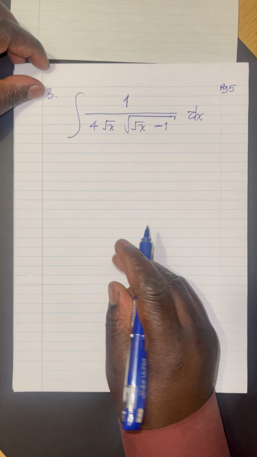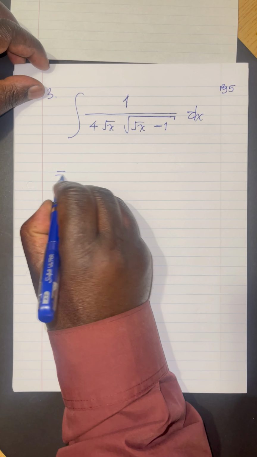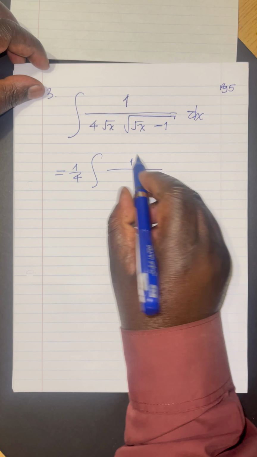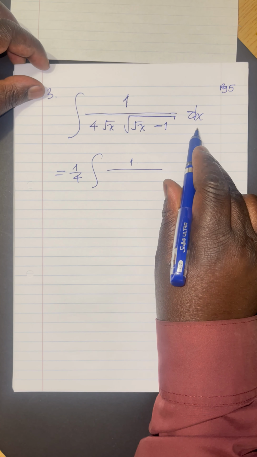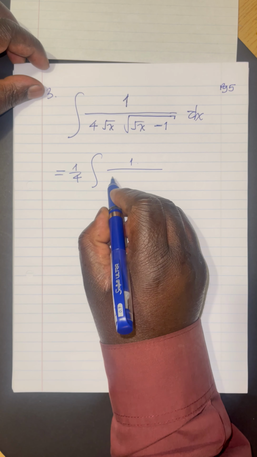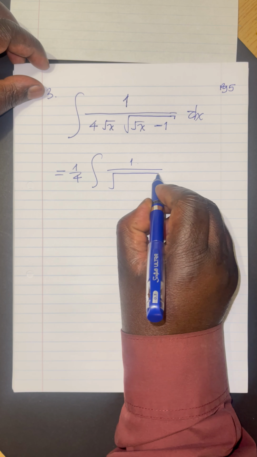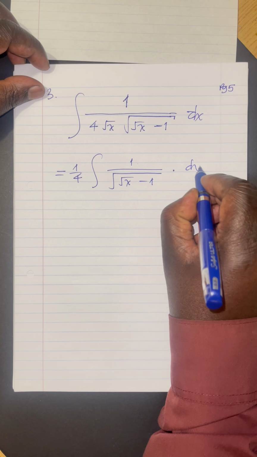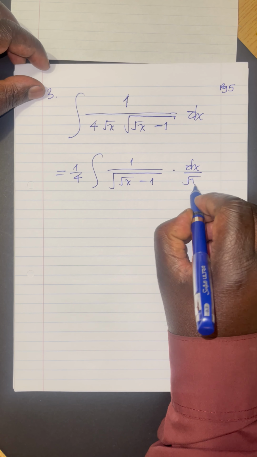Now I have to take 4 out because it's a constant, 1/4. The integral of 1 all over, I have to take square root of x to be under that. You will see why I'm doing that. Square root of x minus 1 times dx all over square root of x.